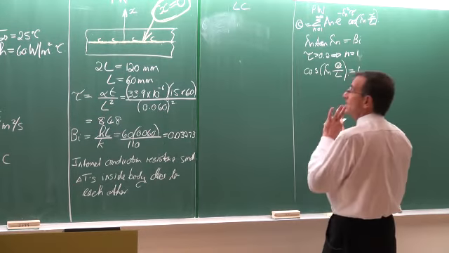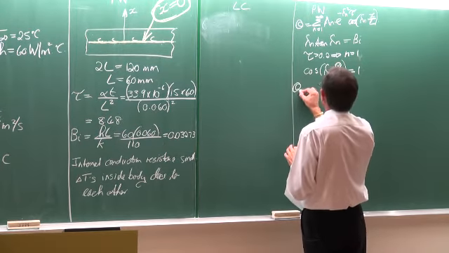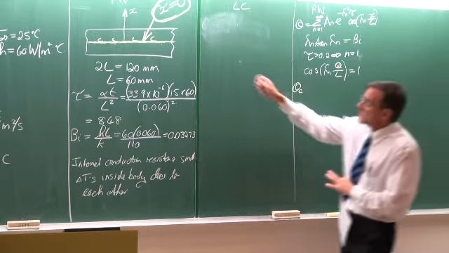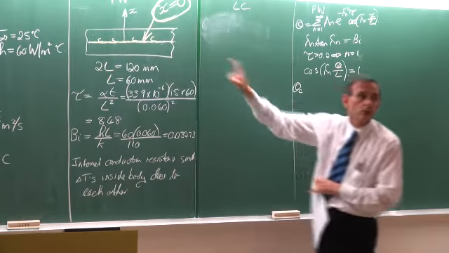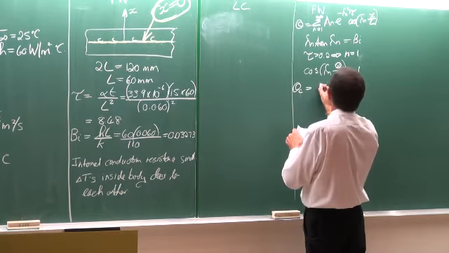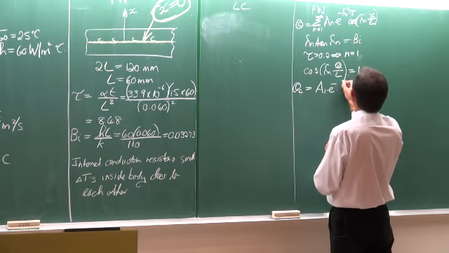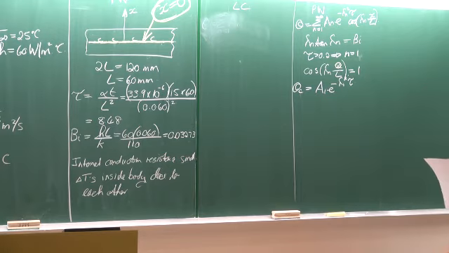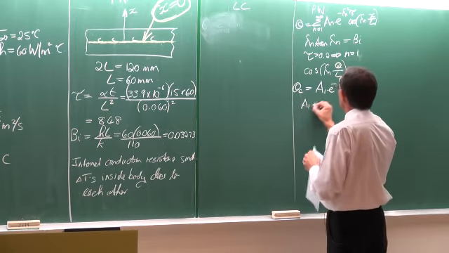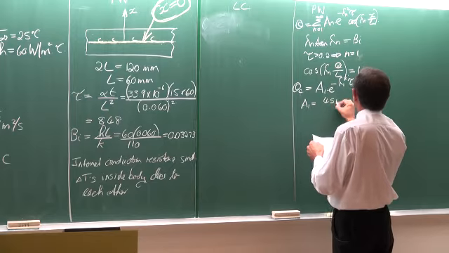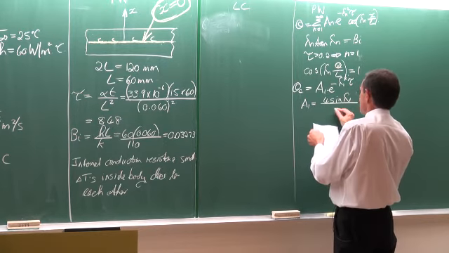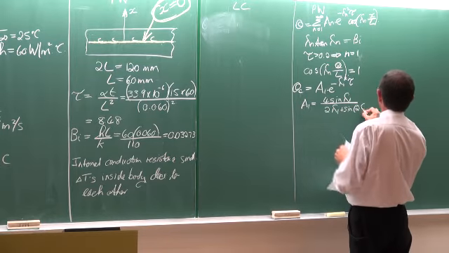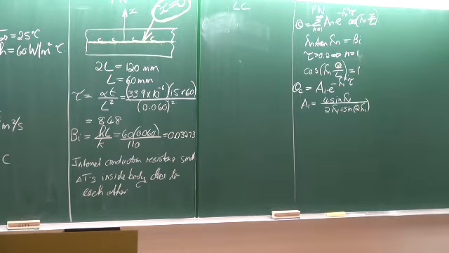So now we can say the non-dimensionalized temperature at the center, but remember this center is everywhere on that line, is equal to A1 e to the minus lambda 1 square multiplied by tau. And A1 is equal to 4 times the sin of lambda 1 divided by 2 times lambda 1 plus the sin of 2 times lambda 1. So that is what we have to solve.